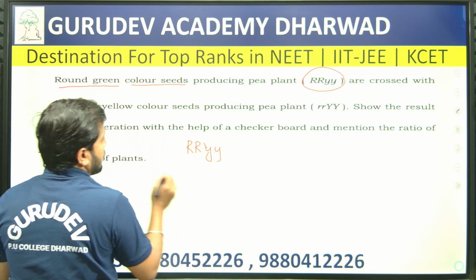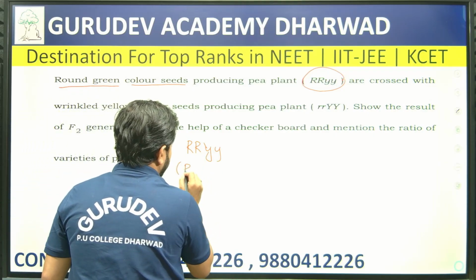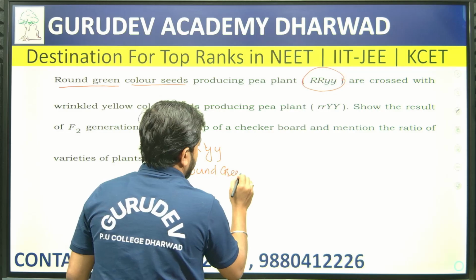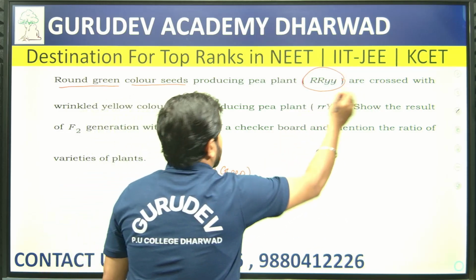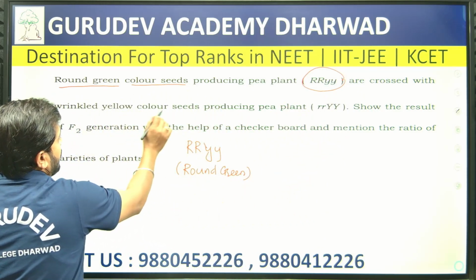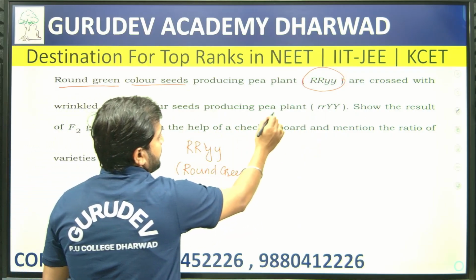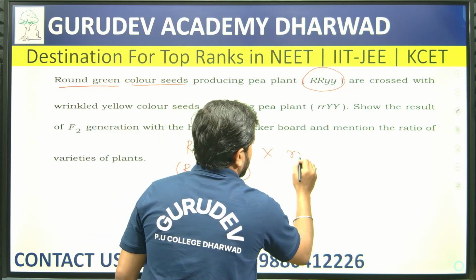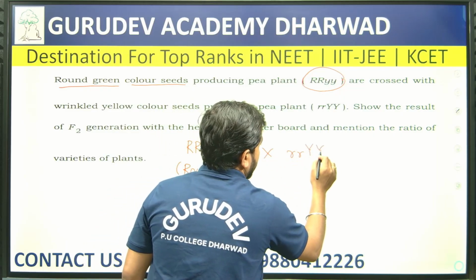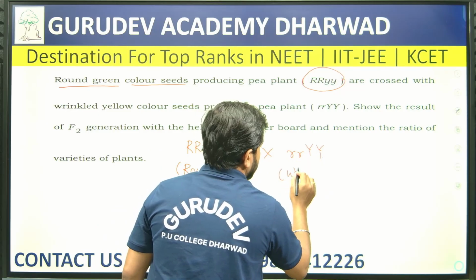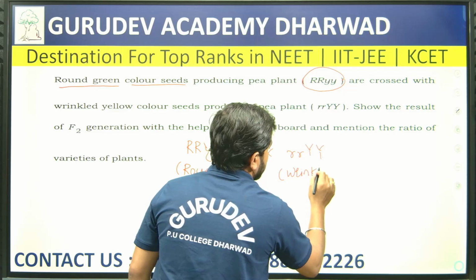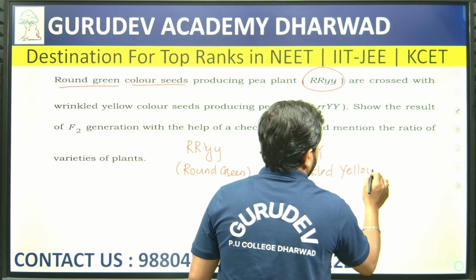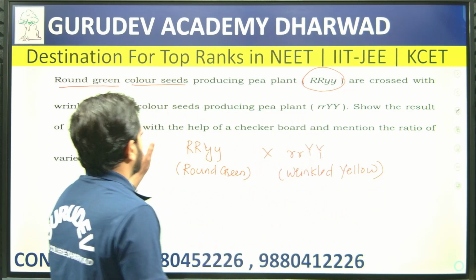It is nothing but round green, so I am going to mention that here. It is crossed with wrinkled yellow colored seed producing pea plant, which is small r, capital Y. What is it? It is nothing but wrinkled yellow. This is what I have with respect to the word question.